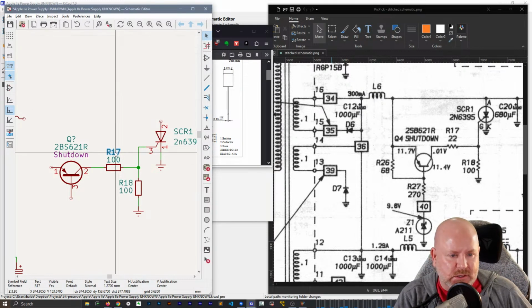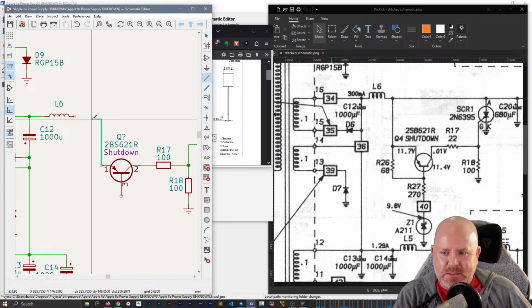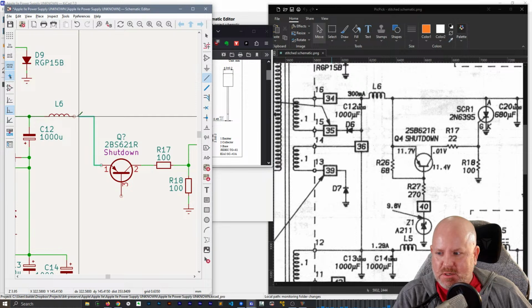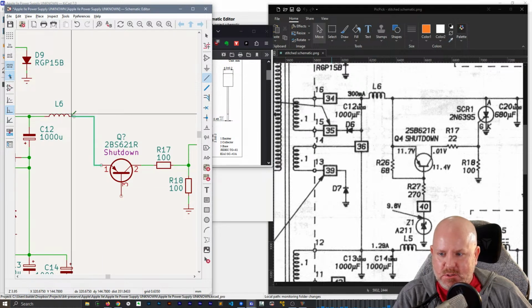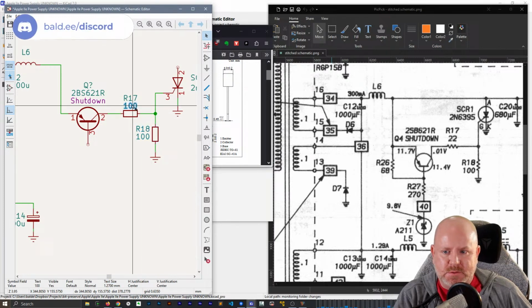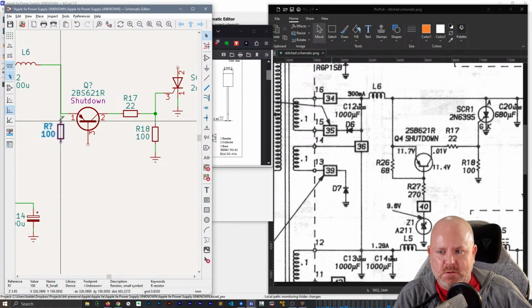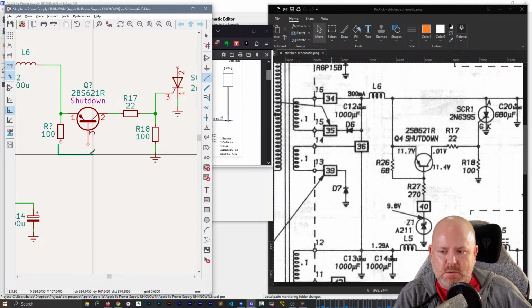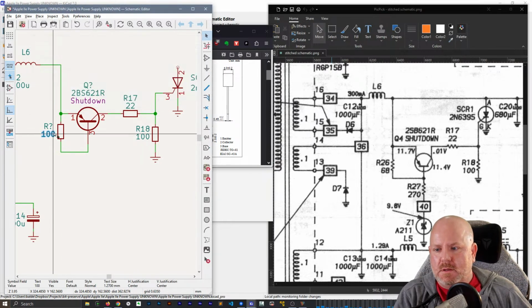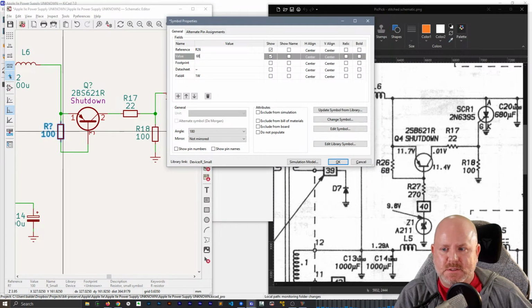And that is 17. So its emitter connects to this inductor. And then, nope, that's supposed to be a 22. 100. We need a 68 over here. Let's just edit the whole symbol, because then we can do 26, 68.